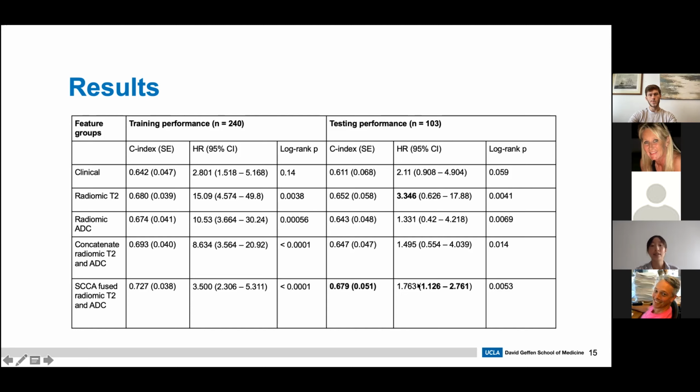And it is the only model that has a hazard ratio confidence interval that doesn't include 1, which is the null hypothesis. Also, the log rank p-value evaluates whether the survival distribution is significantly different in the predicted high versus low risk patients.